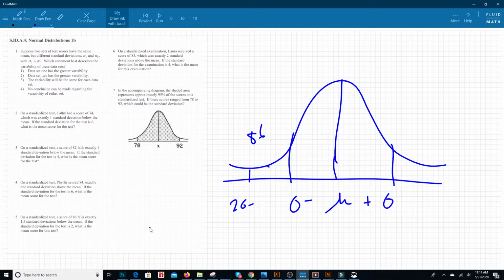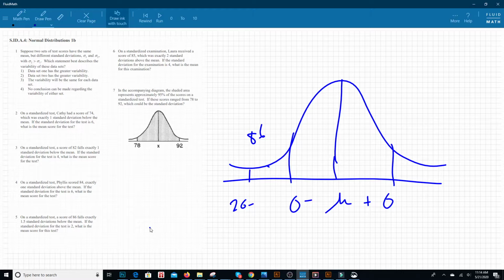So we're going 2 standard deviations below, right? 2 standard deviations below this is going to give us what value? What is the mean score for this? We want to find out the mean score for the test, the examination. So looking at that for question 5.